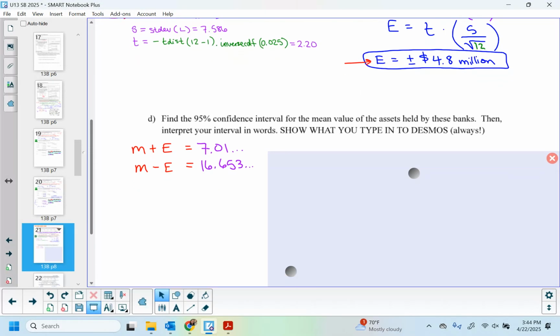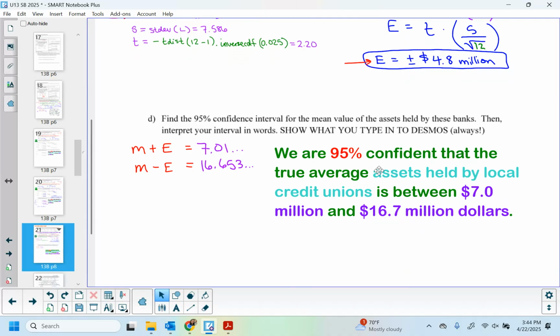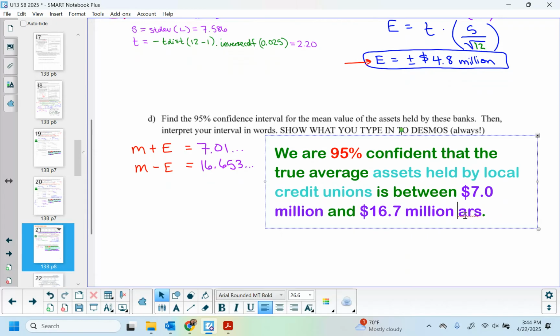So then I can write my confidence interval sentence. We are 95% confident that the true average assets held by local credit unions is between $7.0 million and $16.7 million. I don't know why I have an extra dollars here because I have the dollar sign, so I don't need that.